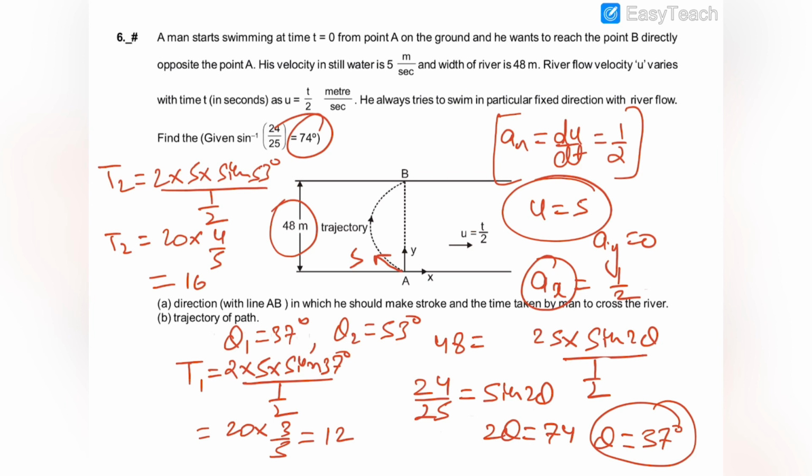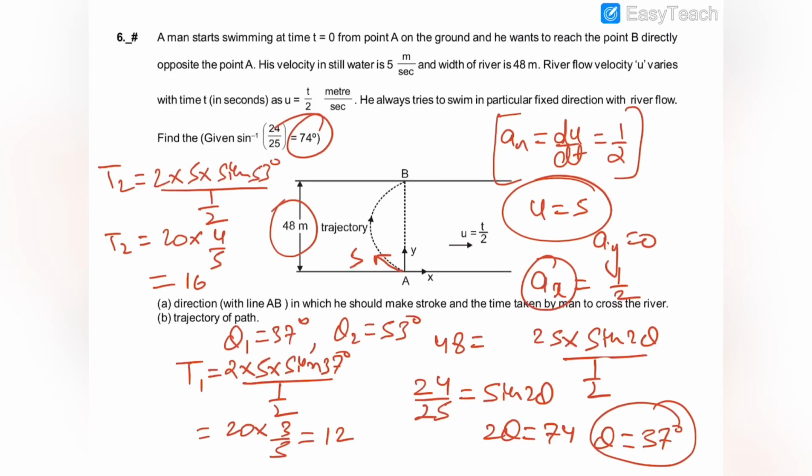Now let us find out the equation of trajectory. The equation of trajectory would be simply the equation of trajectory of projectile motion. We know that it can be easily calculated by eliminating the time. Let us first see the distance traveled in the y direction.